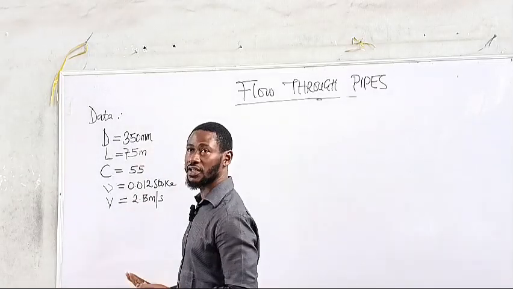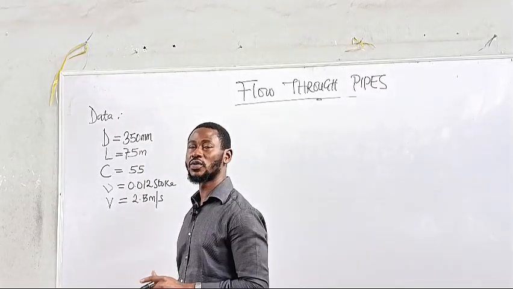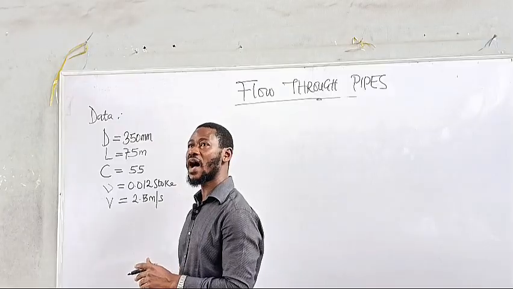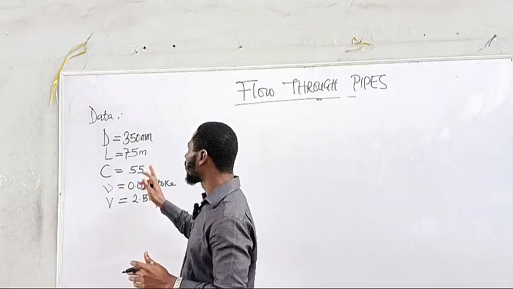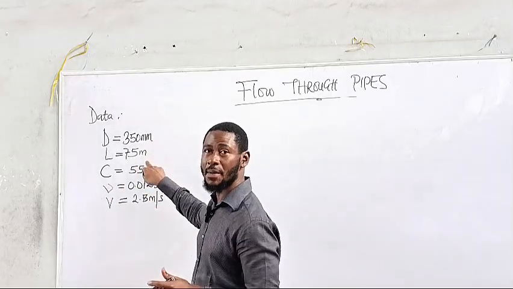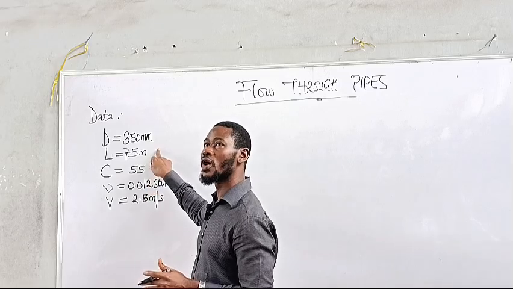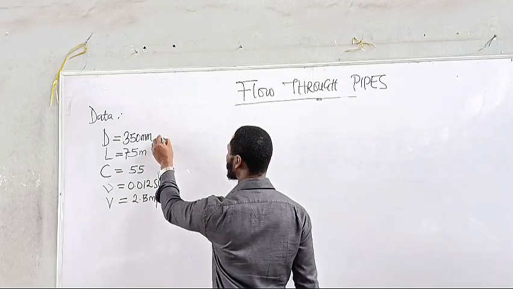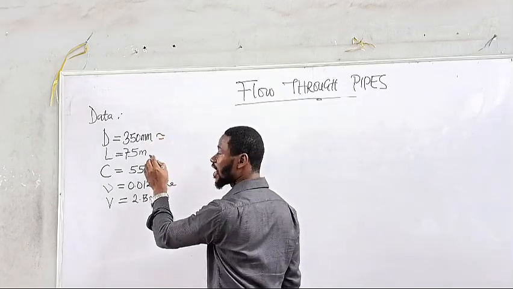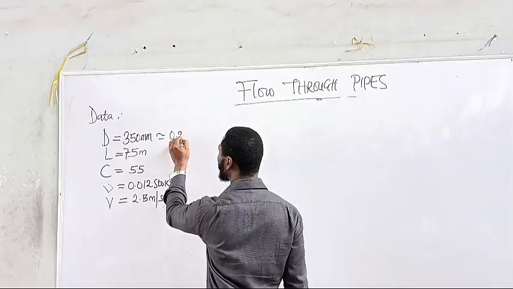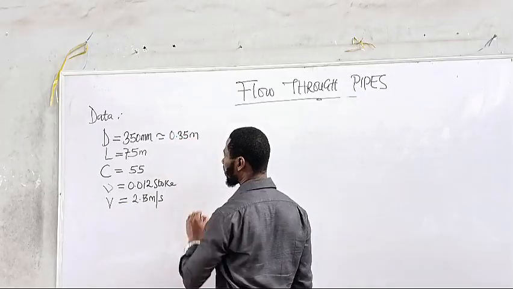Now let's look at the parameters that we have on the board, whether all the units are in conformity. First, millimeter and meter. So we need to convert millimeter to meter. We divide by 1000, and we have it as 0.35 meter.